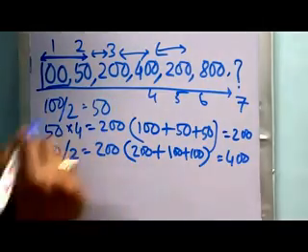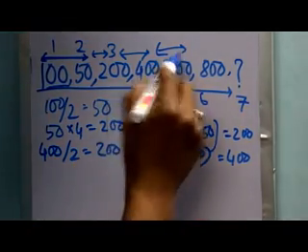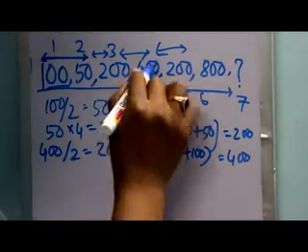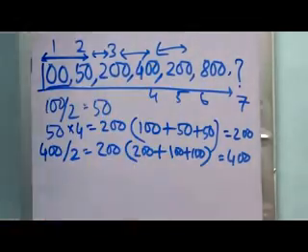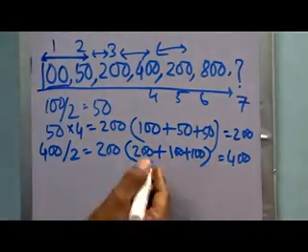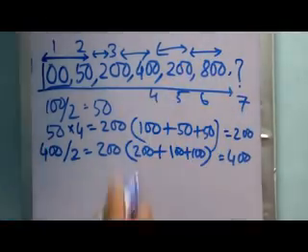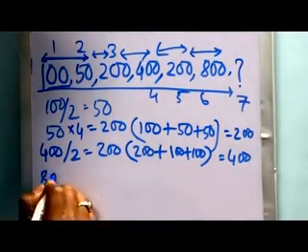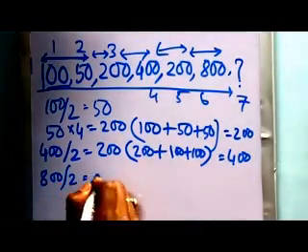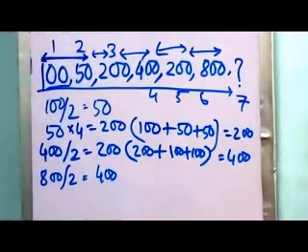The relation between these two consecutive numbers has already been shown here. Now this is between the 5th and 6th position. So 800, the number in the 6th position, divided by 2 equals 400, the number in the 5th position.